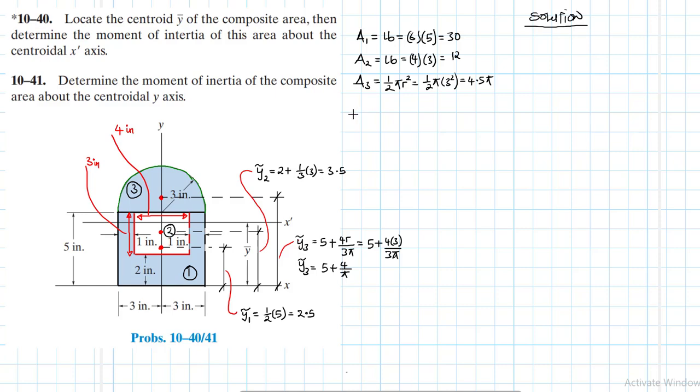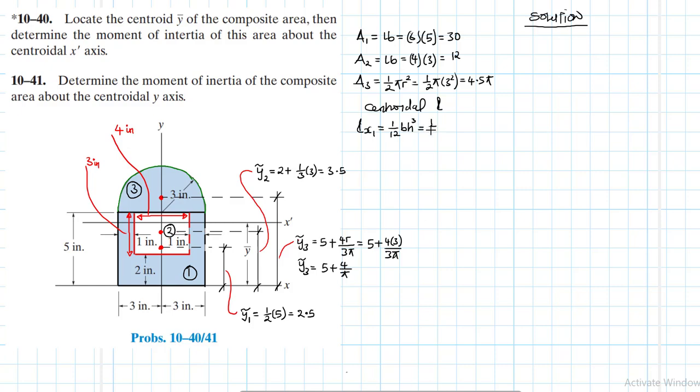Okay, so now let's find the centroidal moment of inertia. Alright, the moment of inertia I sub x1 is equal to, that is for a rectangle, 1 over 12 b h cubed.